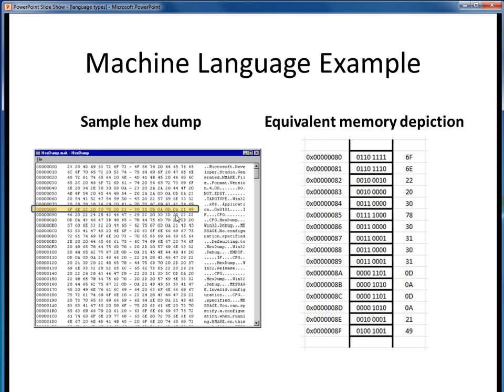So for example, the first piece of data at hex 80 is 6F, which of course by a simple hex to binary table lookup is 0110 for 6 and 1111 for the F, and so forth for all the other hex dump cells.